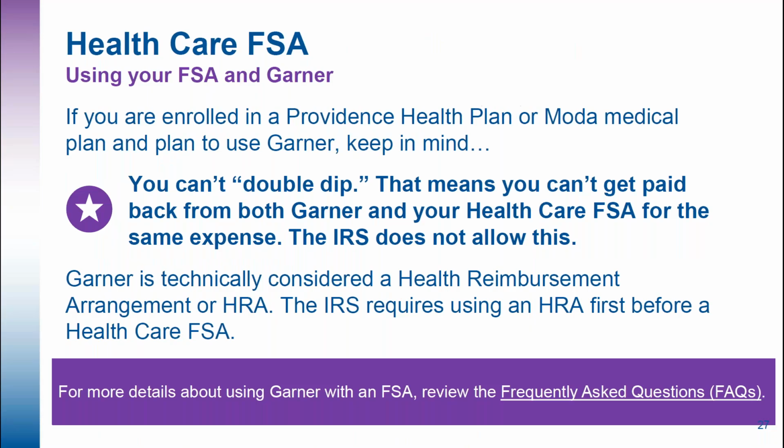Thanks, Sarah. This upcoming plan year, we have a new partner that comes in with your FSA, and that's Garner. If you've enrolled in a Providence Health plan or a MODA plan, and you are using Garner, you've signed up for it, keep in mind that you can't double dip.